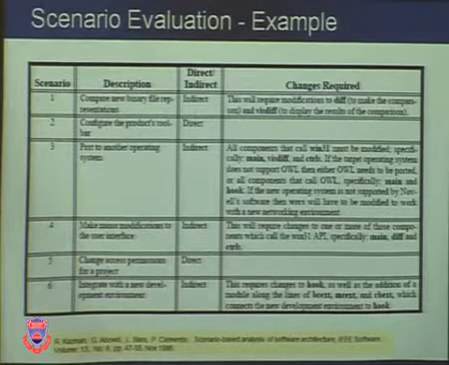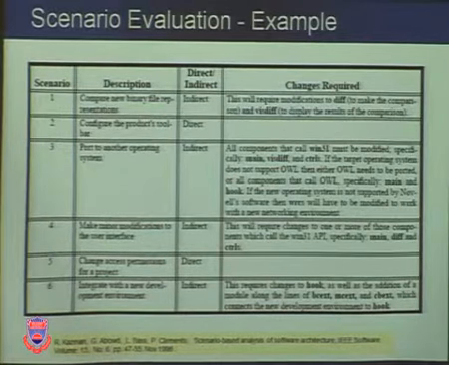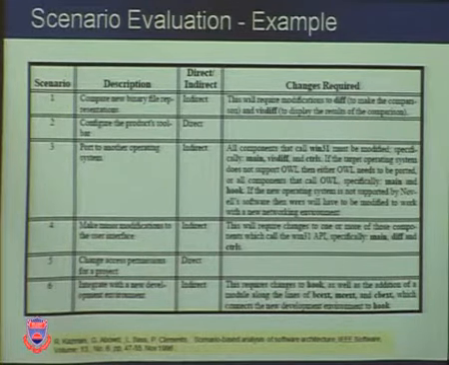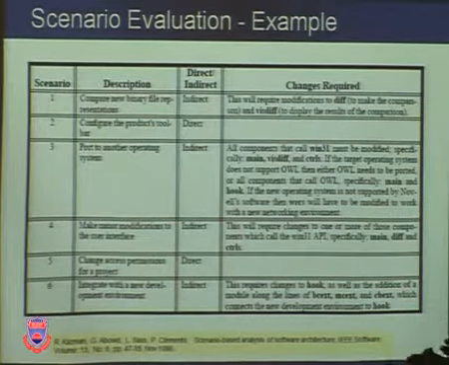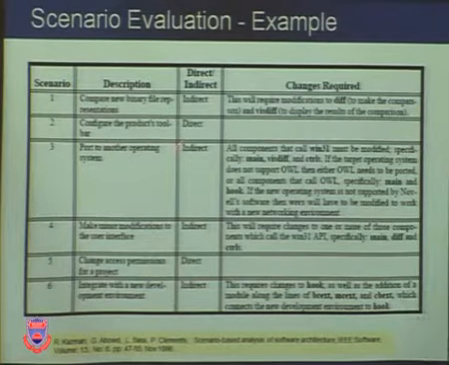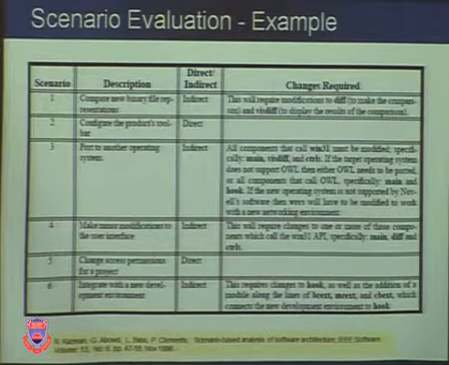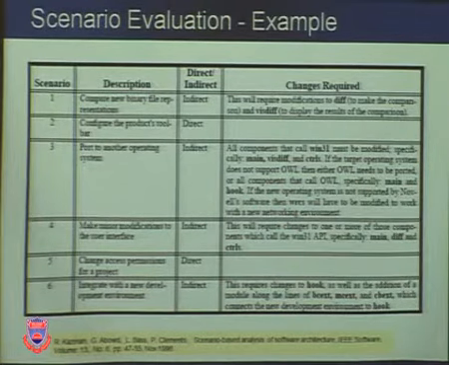Okay. The third and fourth scenarios are from the maintainer. Port to another operating system. Scenario, architecture, you check. You say, oh, I cannot do this. You say indirect. For example, in this case, there's the explanation. All the components that call Win31 must be modified.